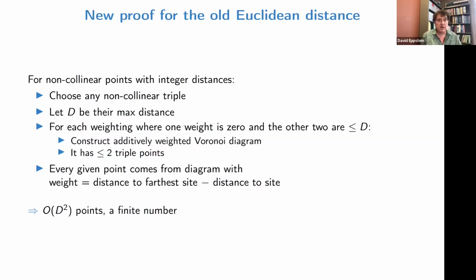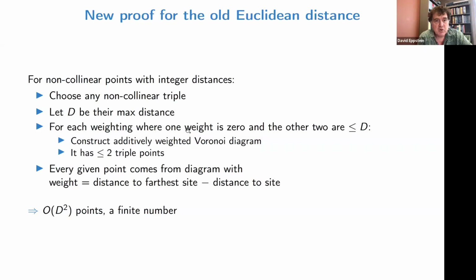So this gives us a proof of the Erdős–Anning theorem, that if you have a system of non-collinear points with integer distances, then there must be O of d squared of these points, the same bound that Erdős proved. Because if the points are non-collinear, certainly there's a non-collinear triple within them. Let d be the max distance between the points in that triple.